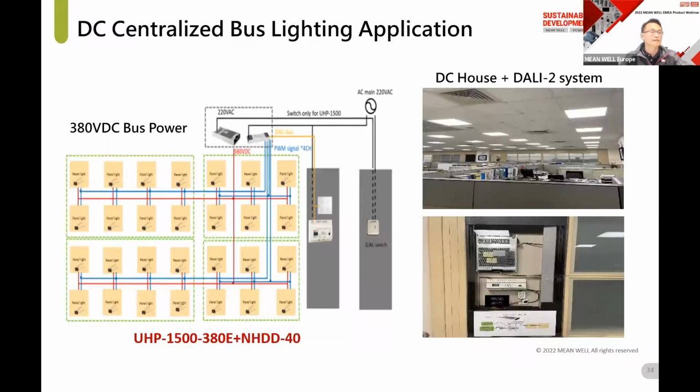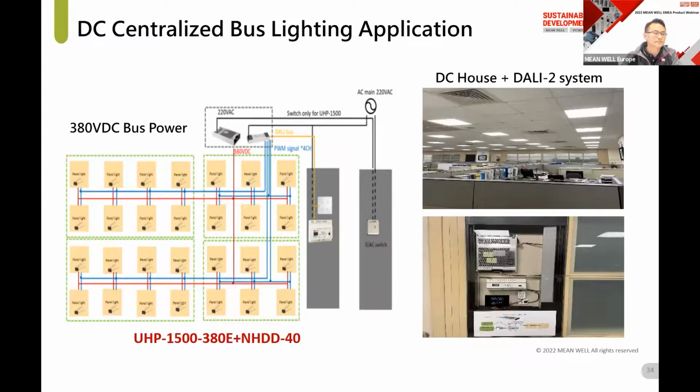And this one is the demo example in the Taiwan office. The office lighting is powered by the 380 volt DC bus, and HDD takes power from the DC bus to light the luminaires. In this setup, the configuration includes a DLC02 and a DAP04 to achieve dimming.